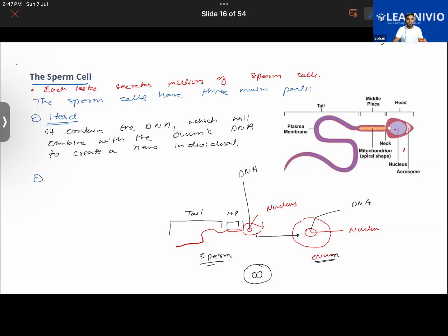It is in the mitochondria where respiration takes place. In class 7, you would have studied respiration, right? Respiration inside any cell takes place in the mitochondria, so energy is produced there. So the function of the middle piece is to provide energy to the sperm cell to move forward.